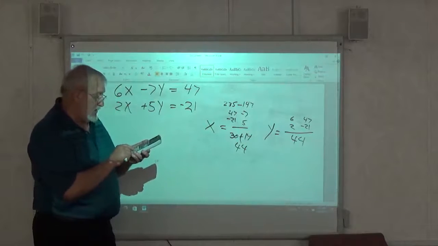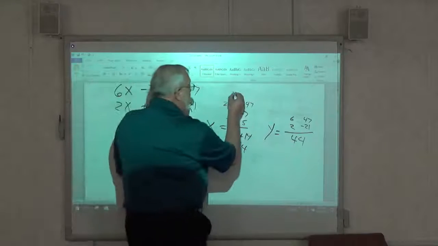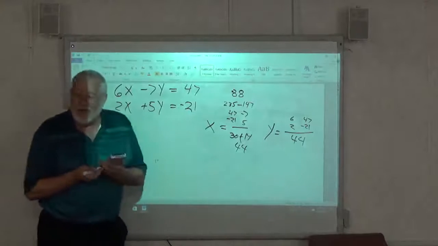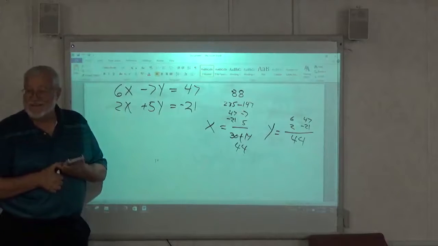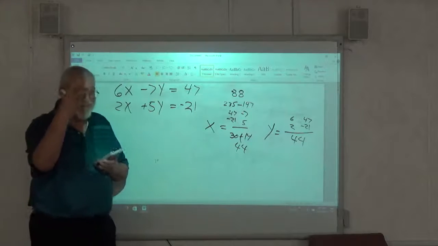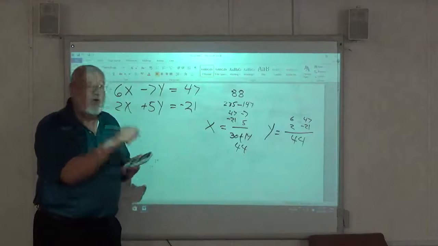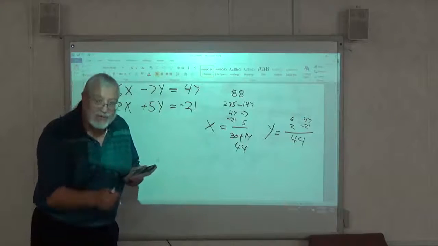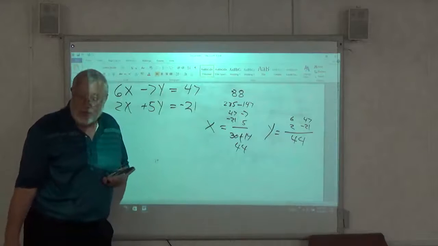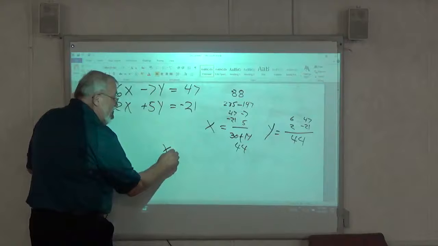So 235 plus 147 equals 88 over 44. How much is 88 over 44? 2. Right? Now, again, because these problems had whole number solutions, it's helping us with our confidence on doing Cramer's rule. Okay? So, the answer for the x is now 2.